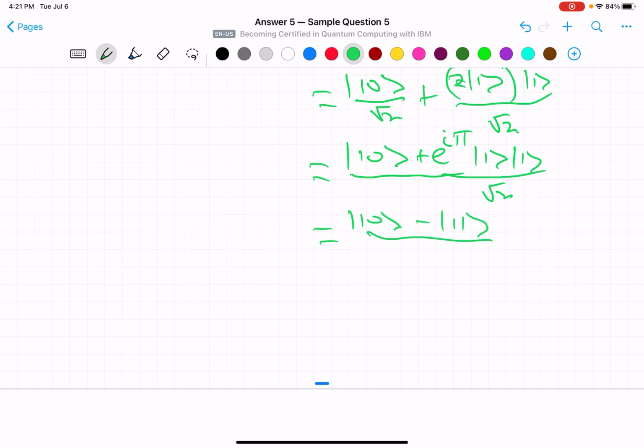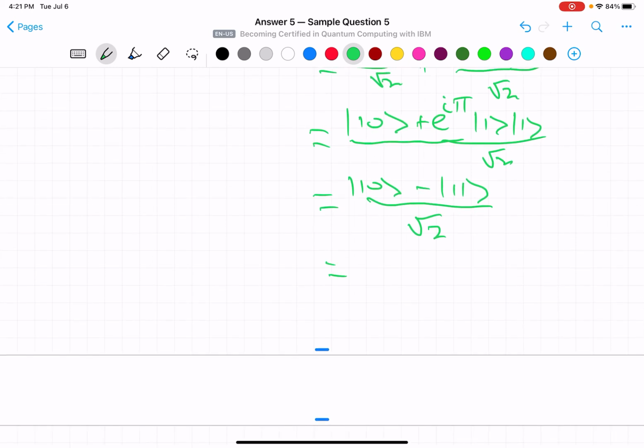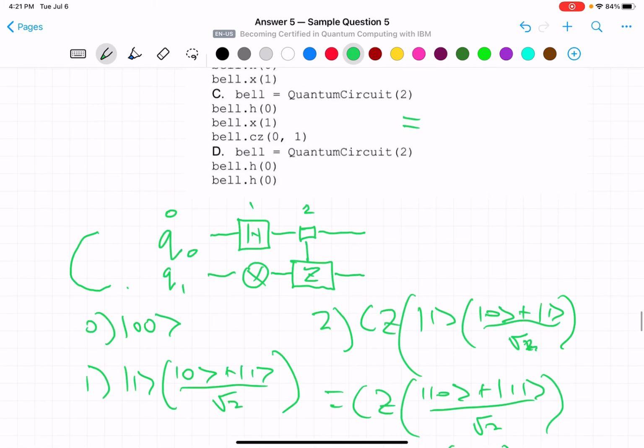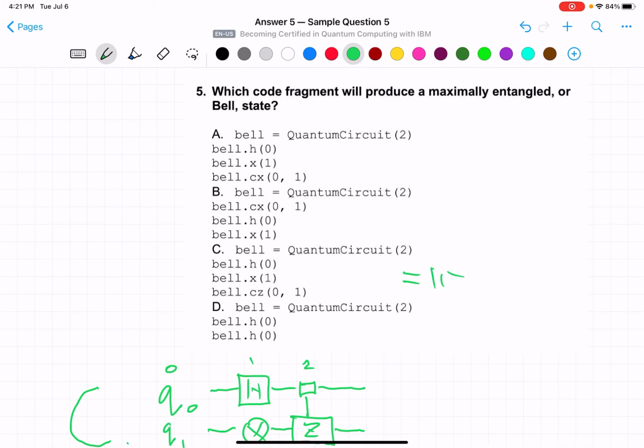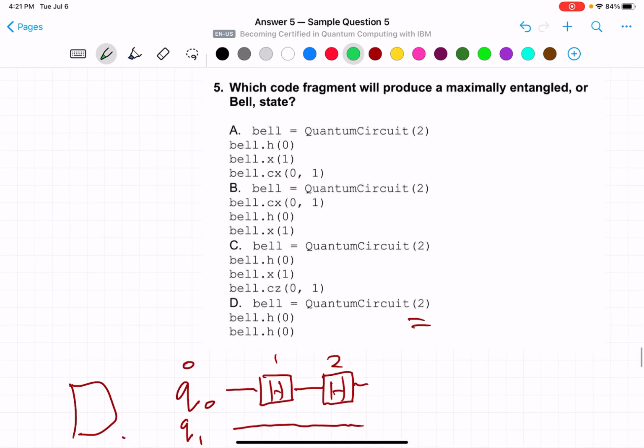But that relative phase doesn't cause the system to be entangled, because we can still decompose this as one qubit in the 1 state and the other qubit in the negative state, which is equal to the Hadamard on the 1 state. So since that's a tensor product, it's not the right answer.